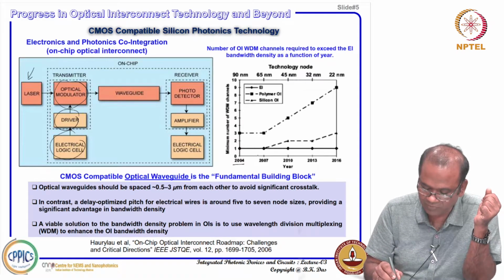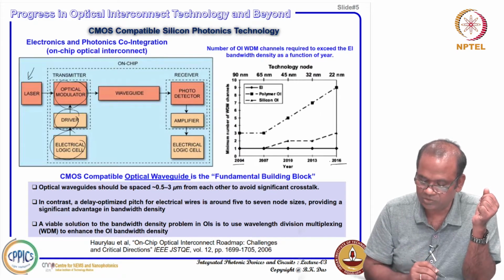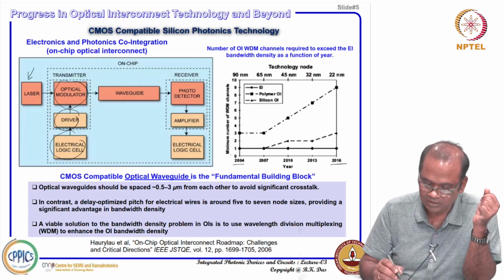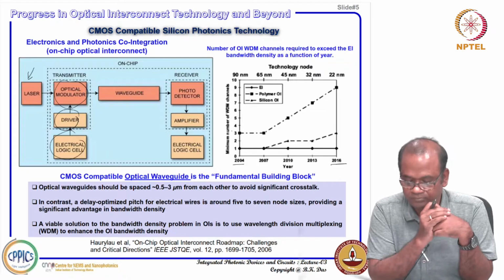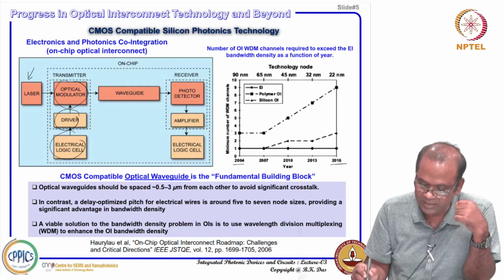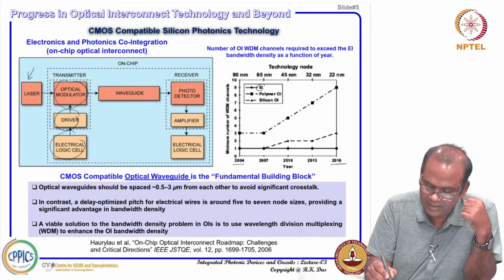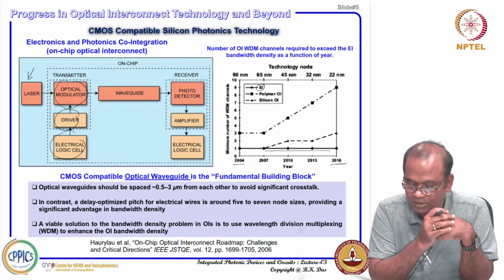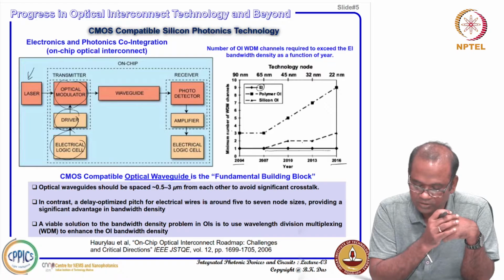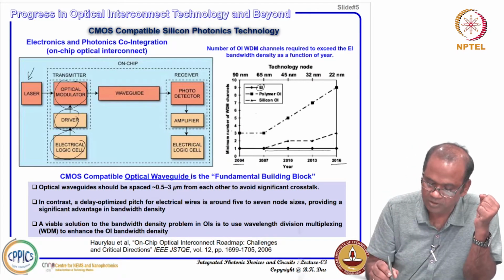Year wise, starting from 2004 to 2016, it is shown that the y axis is the minimum number of WDM channels required, the x axis is the year. If you are using electrical interconnect, that means you are following this solid black curve. How many channels do you need for electrical interconnect?